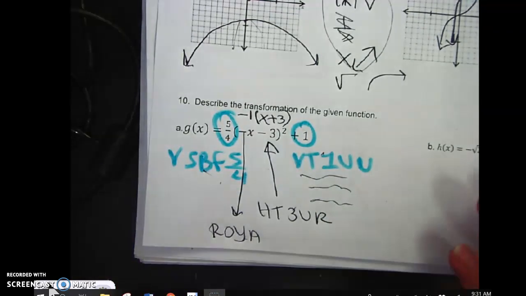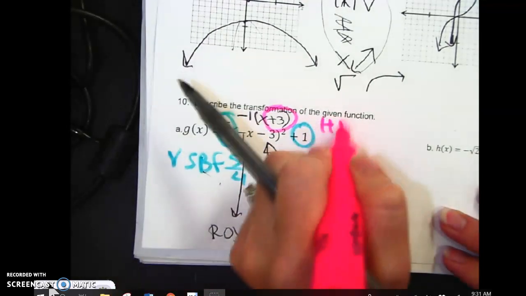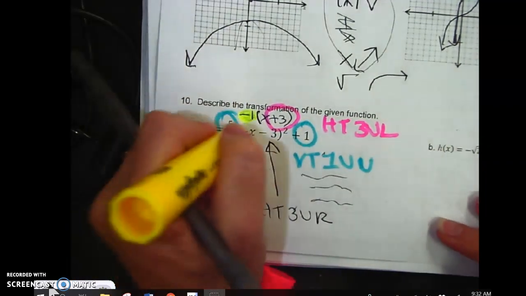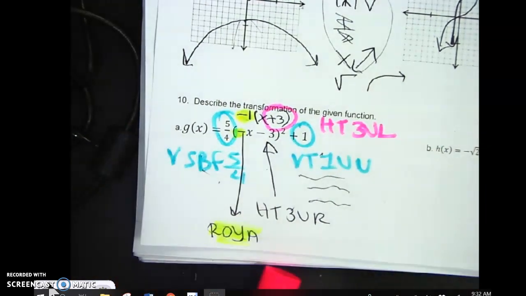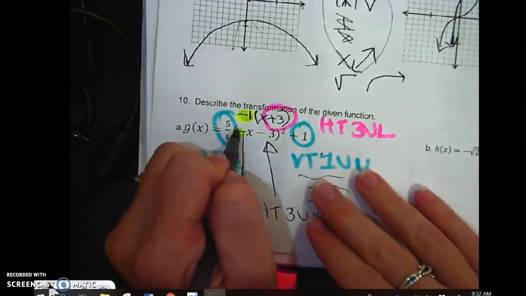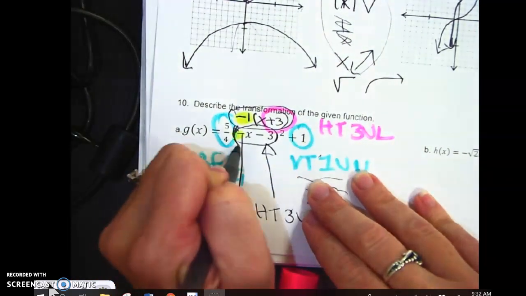If you want to get bonus, you will show me this, and then you'll tell me horizontal translation 3 units left. That will get you your bonus. And you make sure you tell me the reflection. If you look, it's still a reflection. Okay? And some of you go, but it's not in the parentheses. Yes, it is. This represents this, which is in the parentheses.